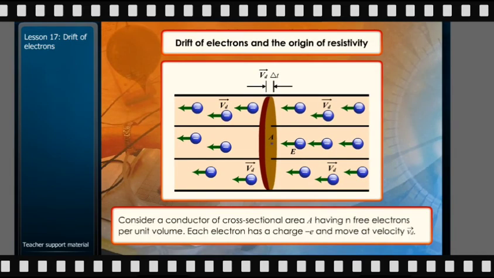Consider a conductor of cross-sectional area A having n free electrons per unit volume. Each electron has a charge minus e and moves at velocity Vd.